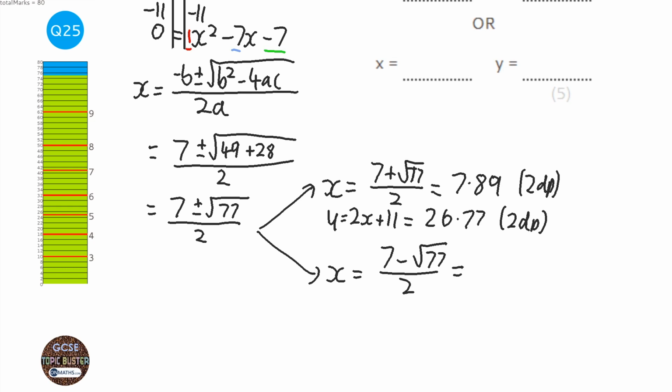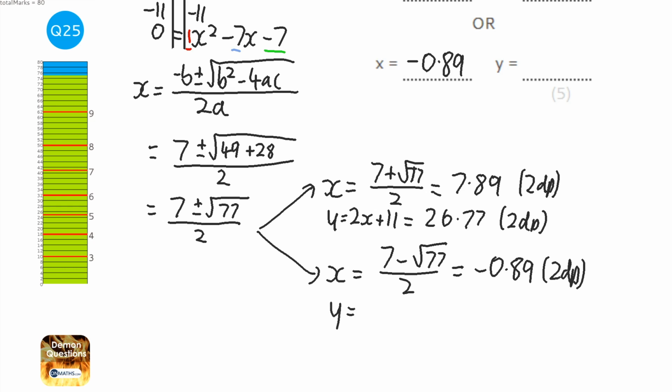Okay, let's carry on. And I'm going to type that in again. So 7, but this time minus root 77 over 2. And it gives me the decimal answer of minus 0.89, again to 2 decimal places. So minus 0.89. And similarly, we know that y is 2 lots of x plus 11.